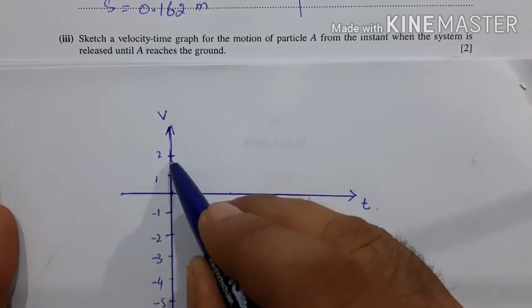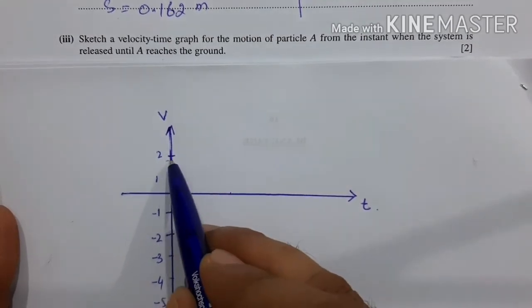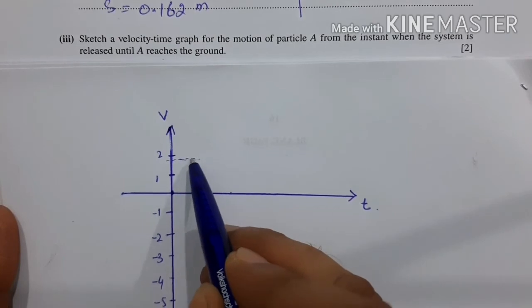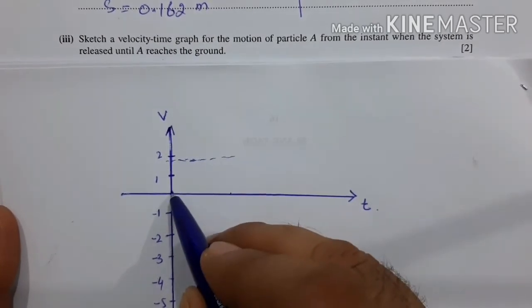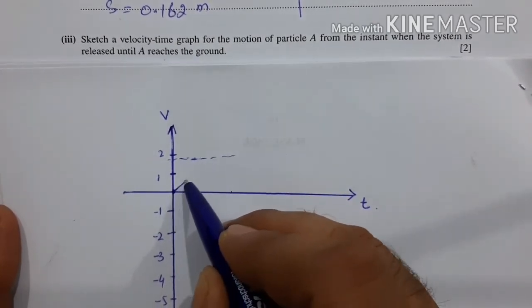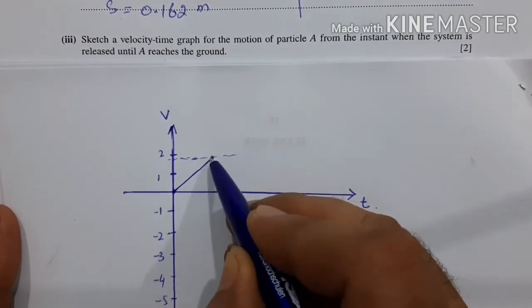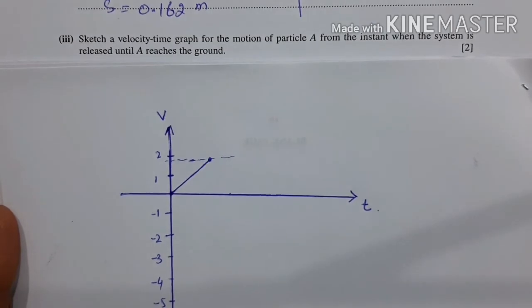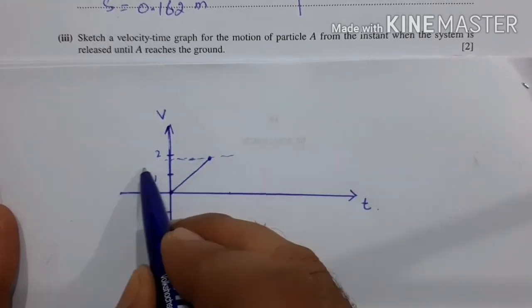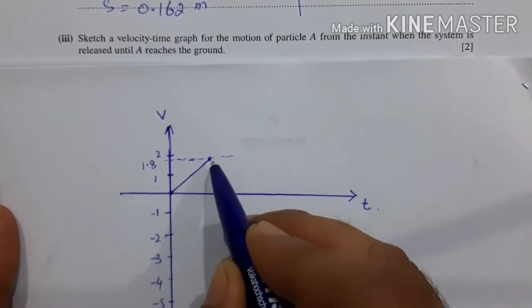So let's suppose this is 1.8. This is the acceleration. When the particle reaches the velocity of 1.8, the string breaks.